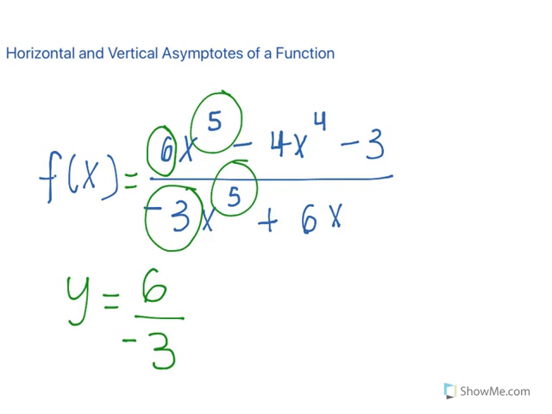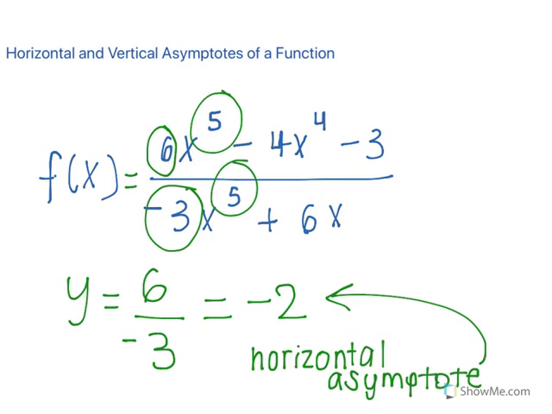So we get y equals 6 over negative 3, and that would equal negative 2. So our horizontal asymptote is negative 2.